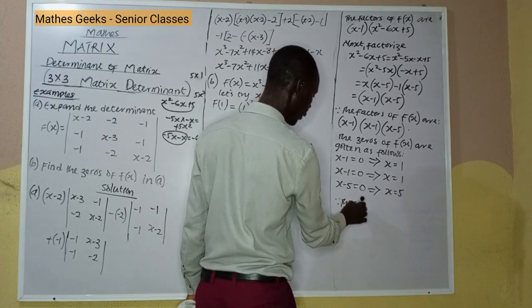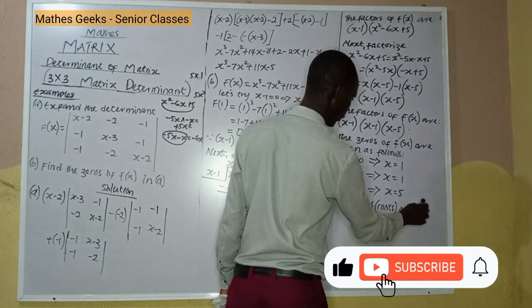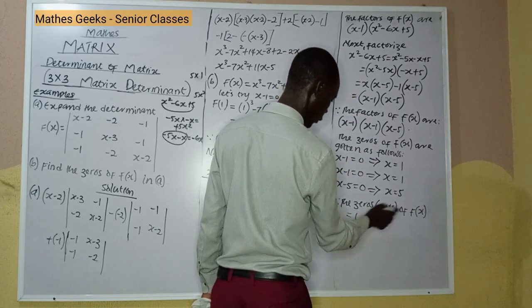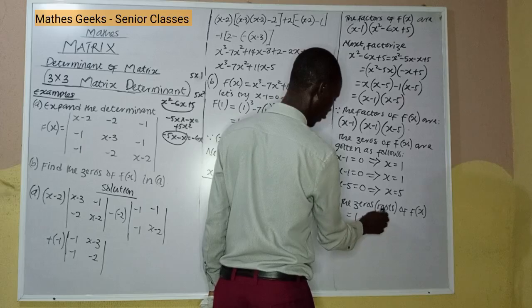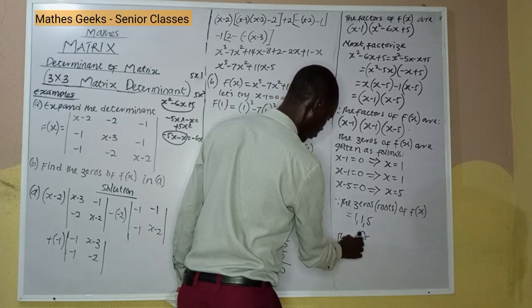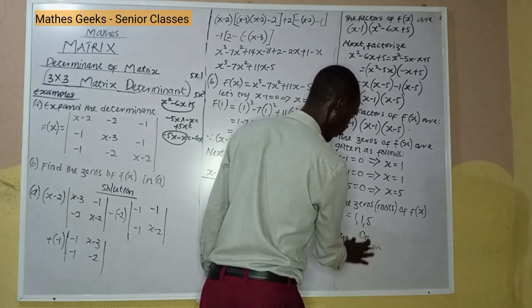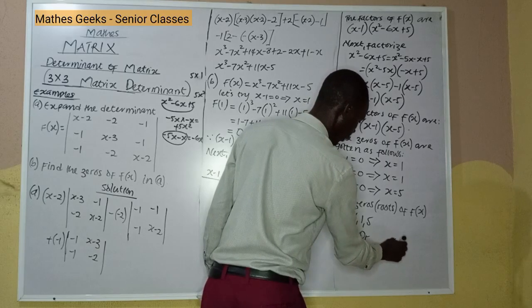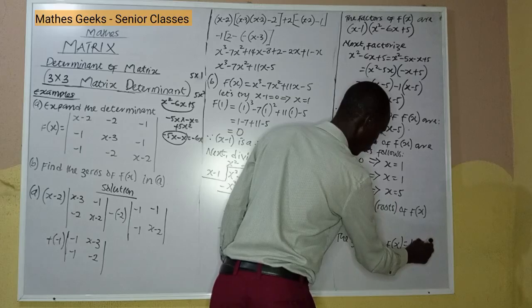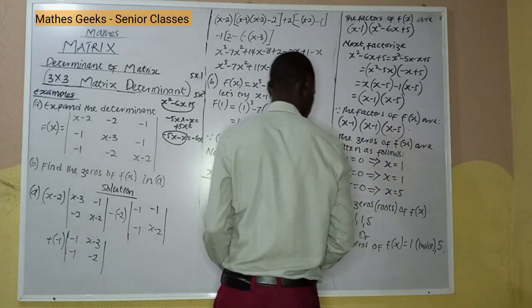Therefore, the zeros or roots of f(x) are 1, 1, 5. Or we could say the zeros of f(x) are 1 twice, and 5. That's it.